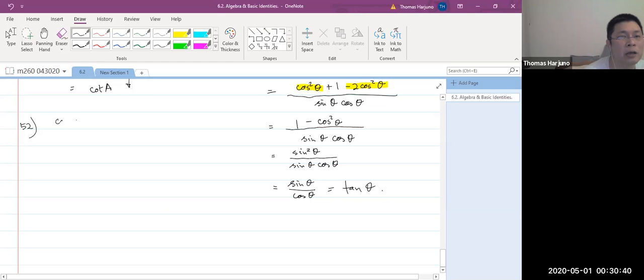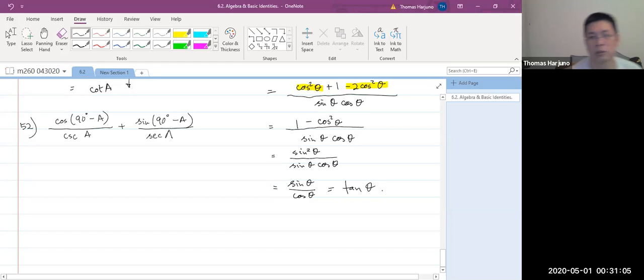Cosine of 90 degrees minus A over cosecant A plus sine of 90 degrees minus A over secant A. You should be able to do that in 3 or 4 minutes.